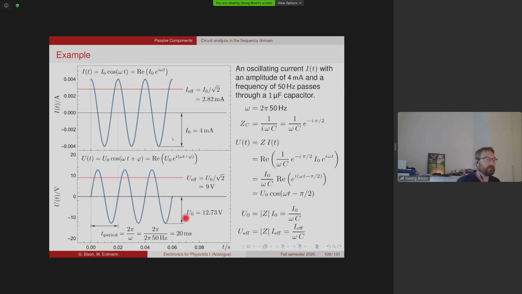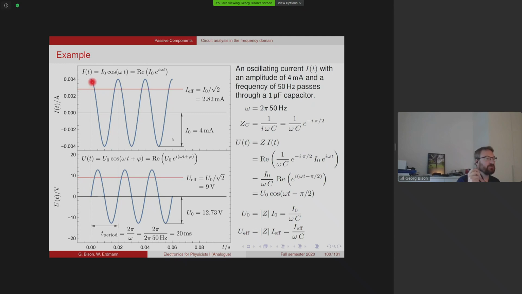Yeah, so here you see, again, this signal at time equals 0, it's a cosine wave. The current is at its maximum. We calculate for the voltage the phase shifted cosine wave, as you see here. And as I said, for a capacitor, current comes before voltage.